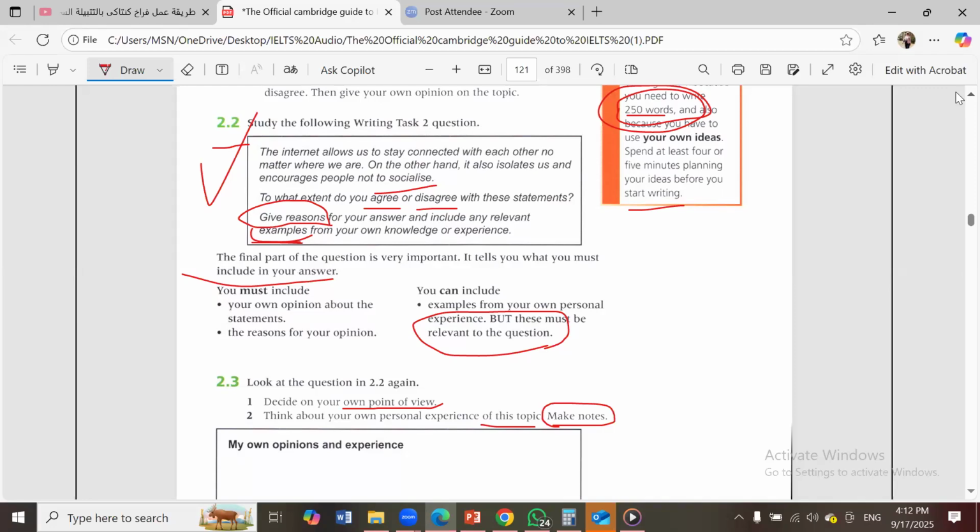You can add a line, and at the same time, it's a disadvantage because the reels and short videos, unfortunately, between two commas, unfortunately is a parenthetical phrase, force us to lose control and concentration. That's true.